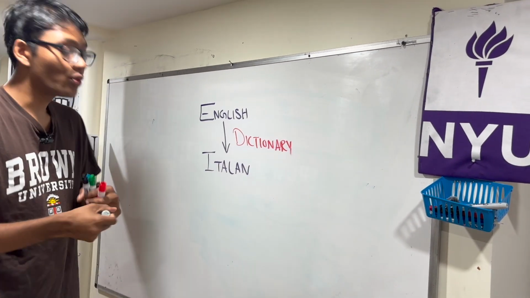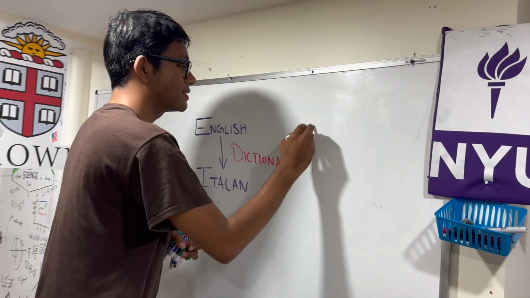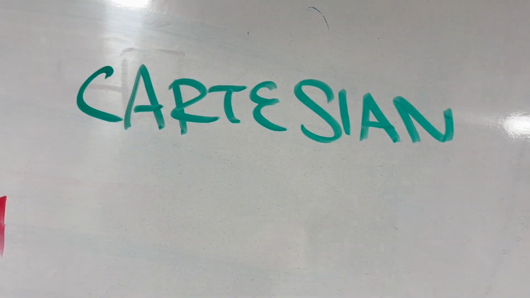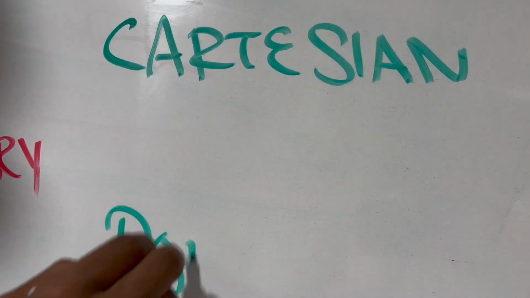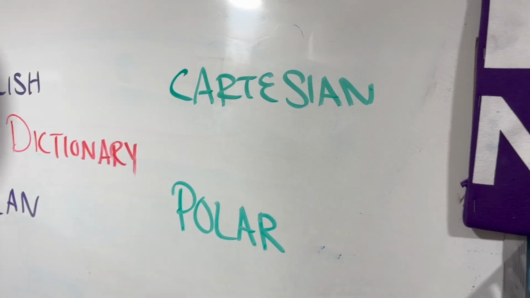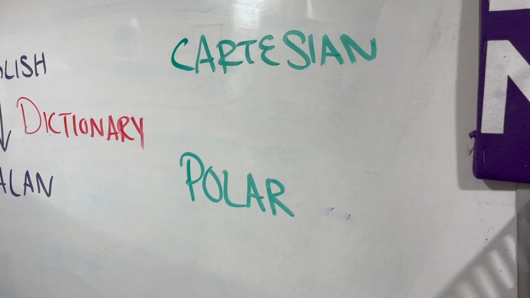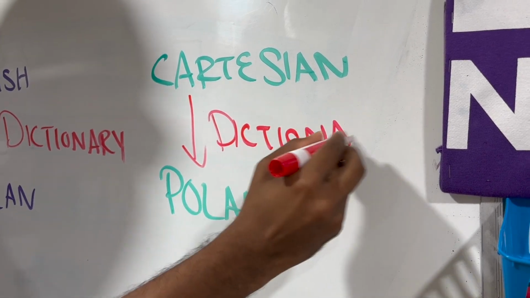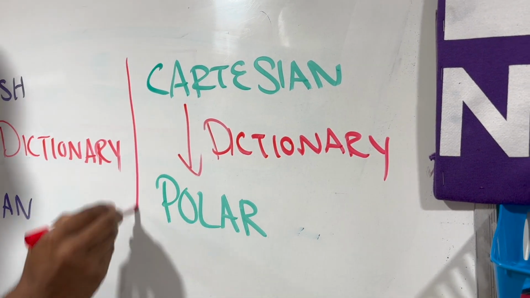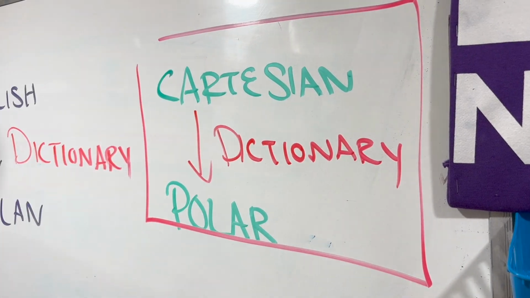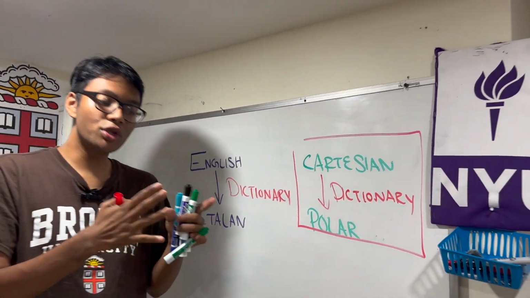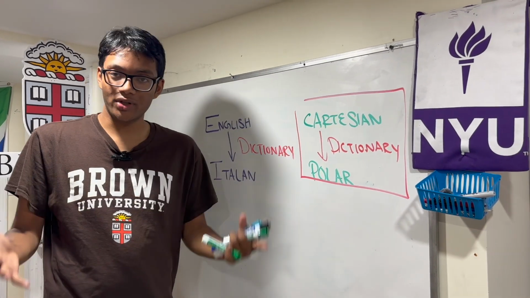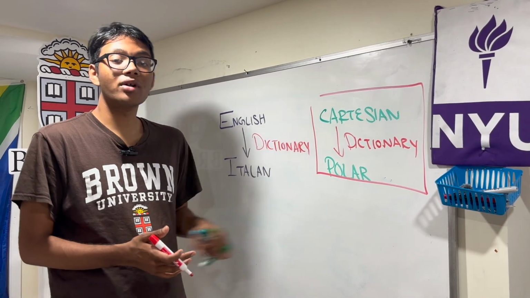Similarly, let's say you're in one coordinate frame, let's say Cartesian, and you want to translate into an easier coordinate frame, let's say polar. Okay, how do you do that? Well, you need a dictionary. And today we're going to figure out the language of dictionaries using tensor calculus. How do you go between arbitrary coordinate frames?